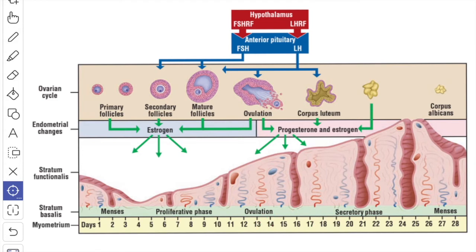Therefore, the time between ovulation and succeeding menstruation is constant, although much variation is observed between ovulation and preceding menstruation. The immediate cause of ovulation is the increased secretion of luteinizing hormone from the anterior pituitary.